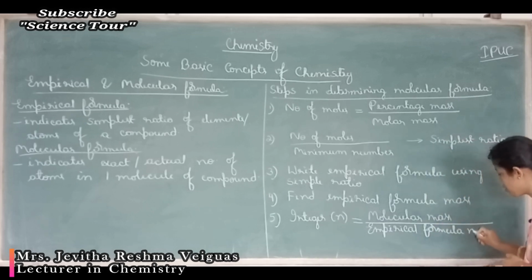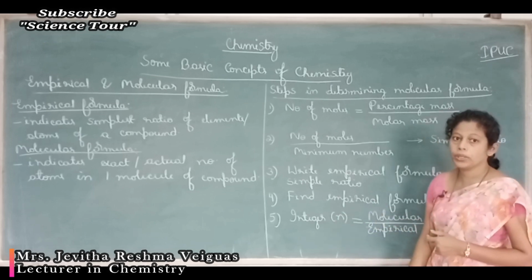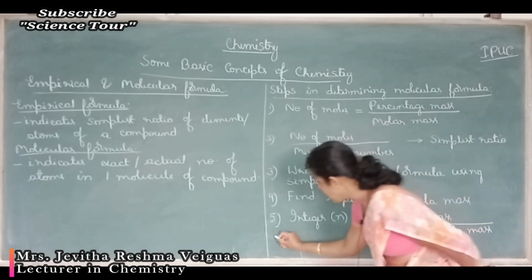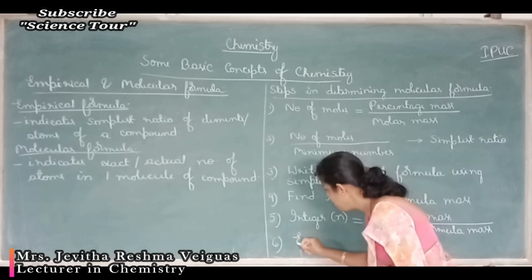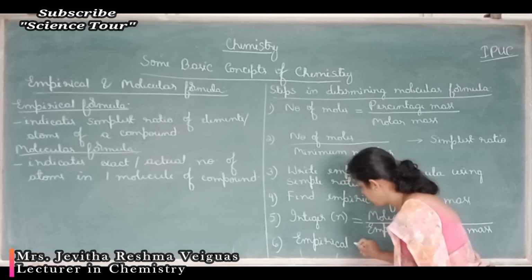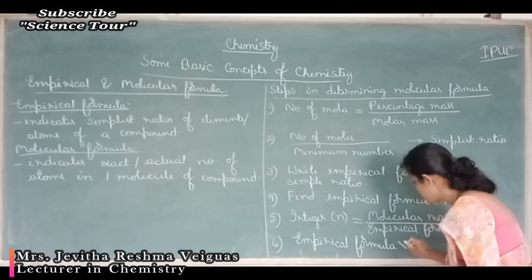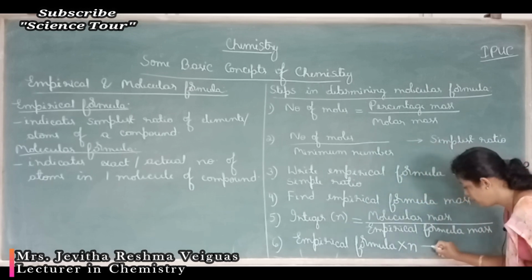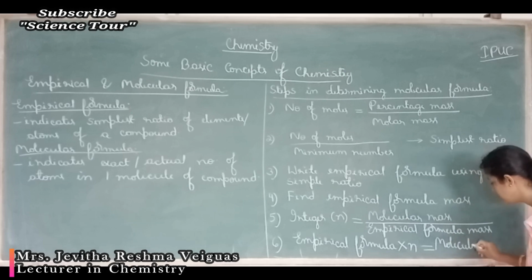What you will get is an integer which I have denoted as n. And then the last step is to multiply the empirical formula by the integer n, which will give you the molecular formula of the compound.